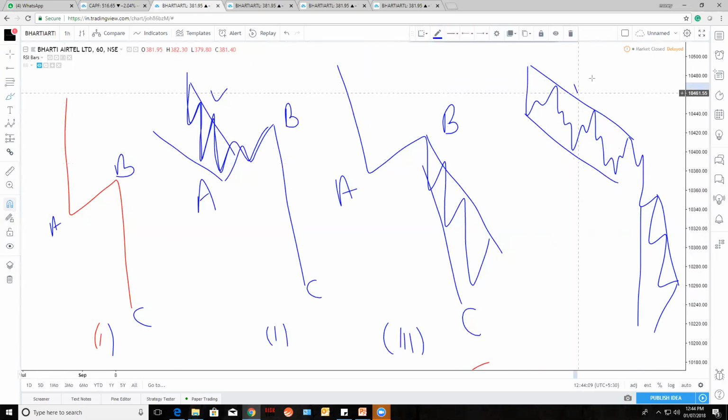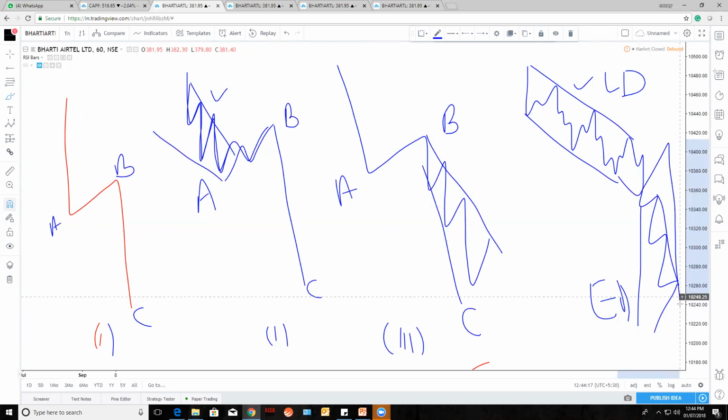Like first should be a leading diagonal and second should be an ending diagonal, and B is a simple correction wave. Okay, there are four possibilities in the zigzag.